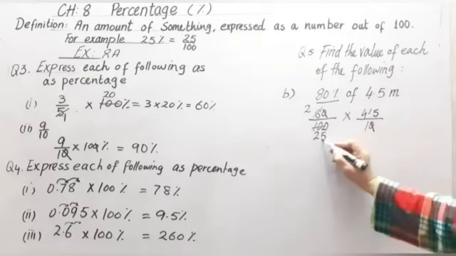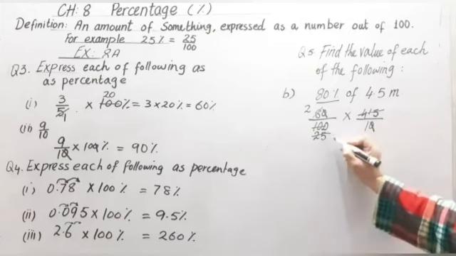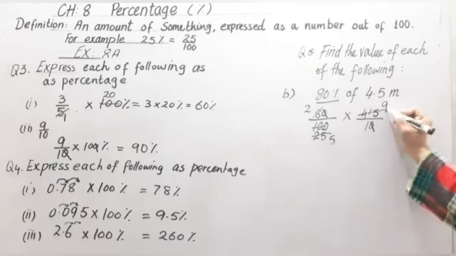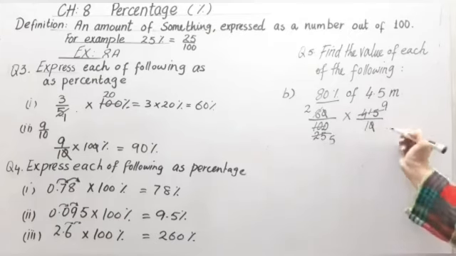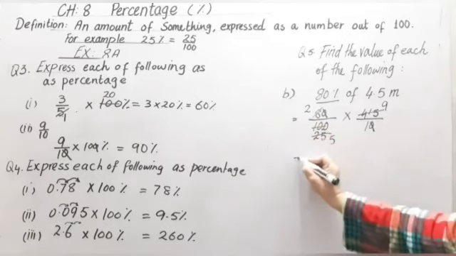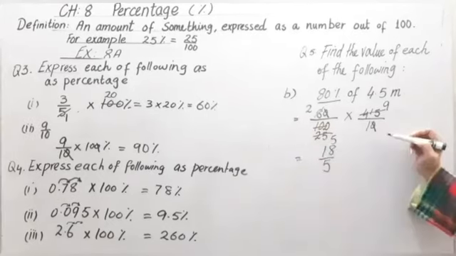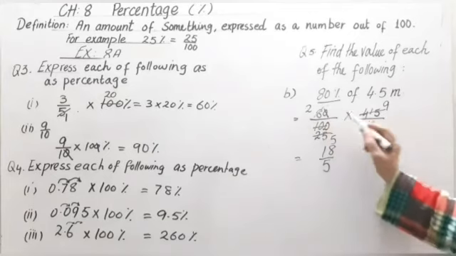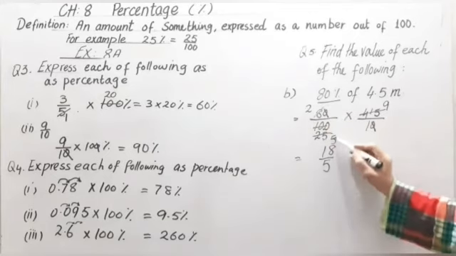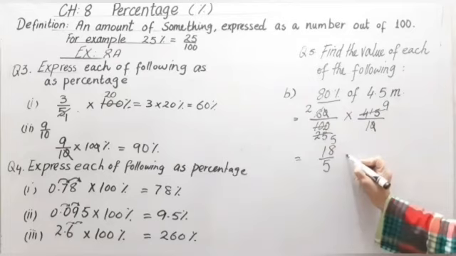And now here we use the table of 5. 5 fives are 25, 5 nines are 45. Now 9 multiplied by 2, 9 twos are 18, divided by 5, so it means 18 by 5.